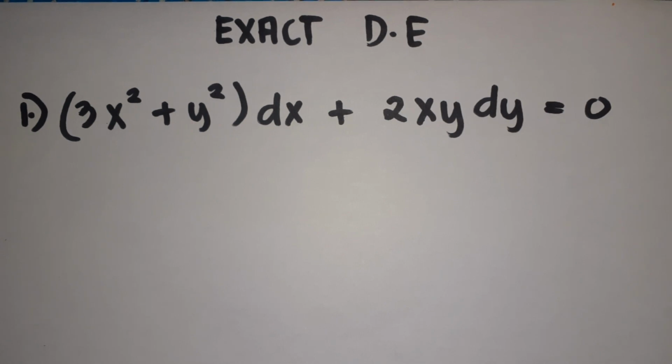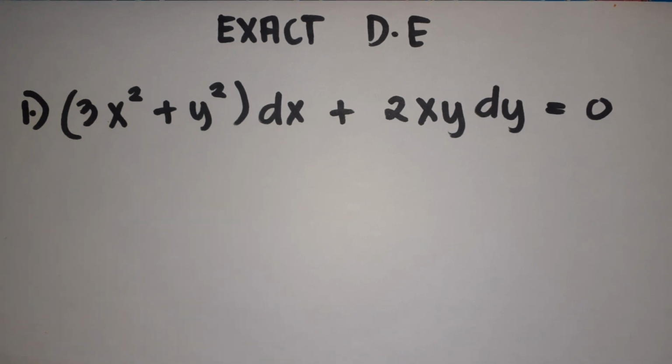In this video, I am going to show you how to solve an exact differential equation. We have here a first example: (3x squared plus y squared) dx plus 2xy dy is equal to 0.